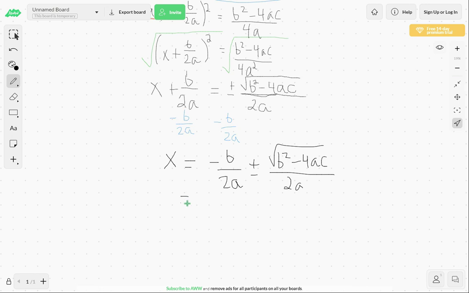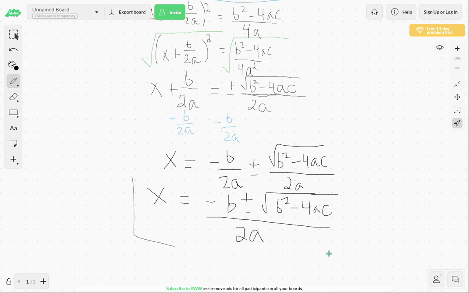And now since these have the same denominator, we can combine them as a single fraction. And finally, we have arrived at the quadratic formula. X is equal to negative b plus or minus the square root of b squared minus 4ac all over 2a.